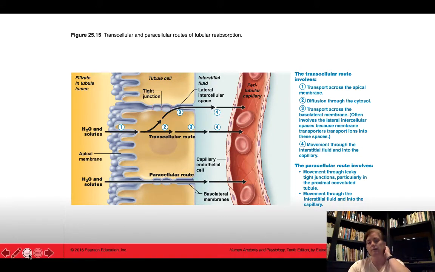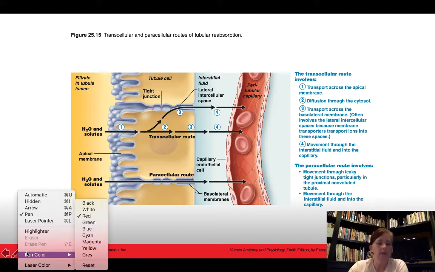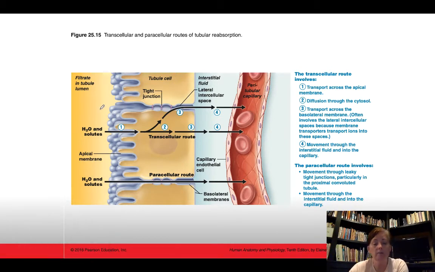Here's our tube. Let me change pen colors. I'm a little partial to the magenta. Here is the lumen of the tubule, so we're inside the tube here. Here's our tubular cell, so this would be one cell.